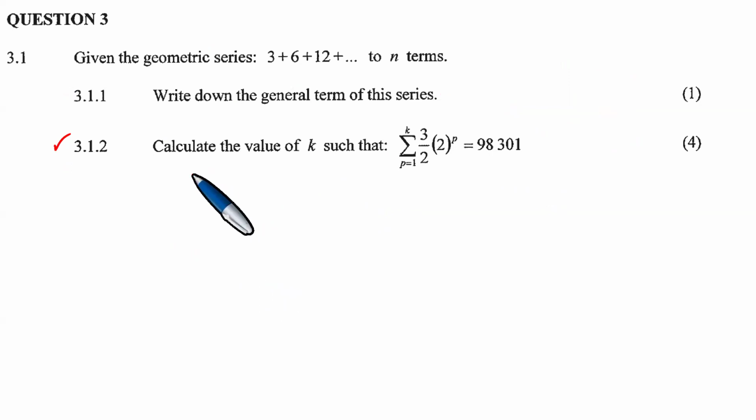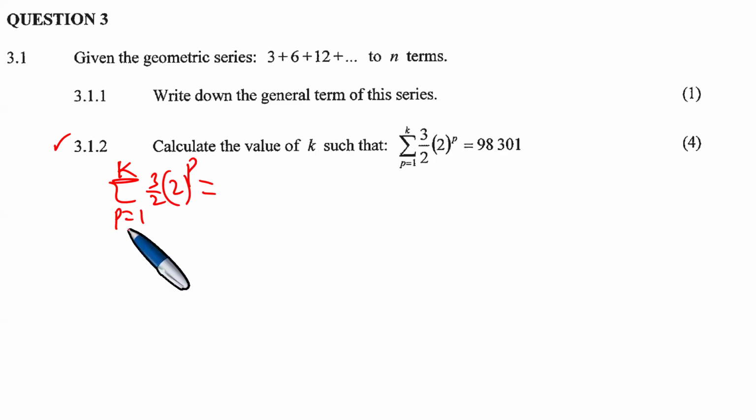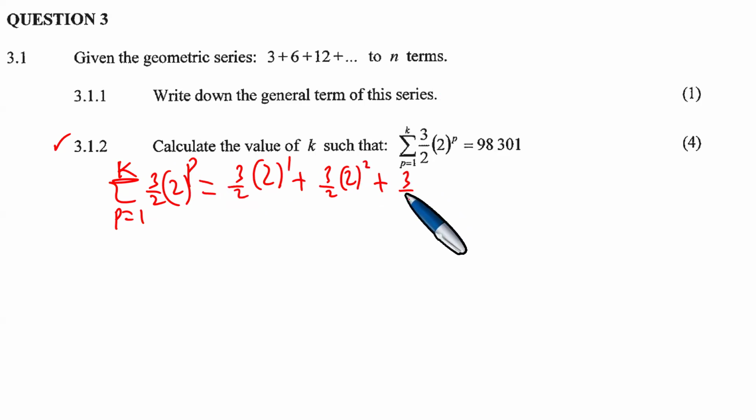We take the general sum like so, and we have 3 over 2, and we have 2 to the power p, from p equals 1: 3 over 2 times 2 to the power 1, 3 over 2 times 2 to the power 2, and 3 over 2 times 2 to the power 3, and so on.